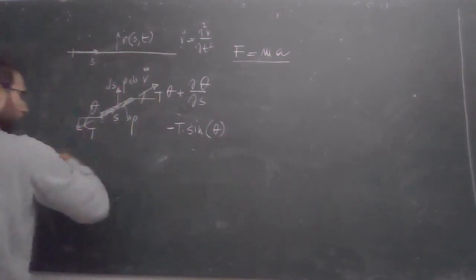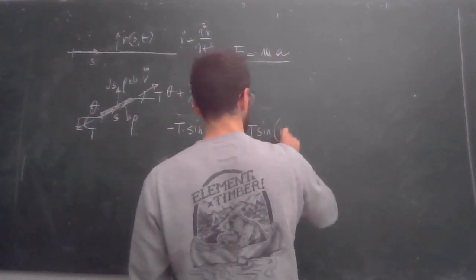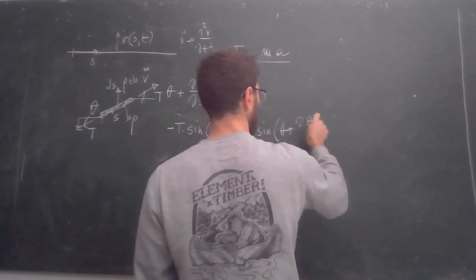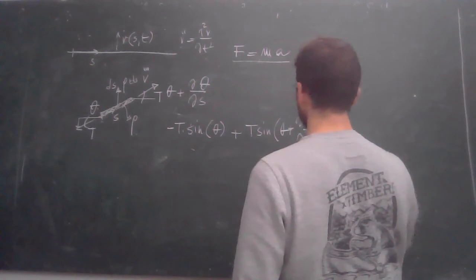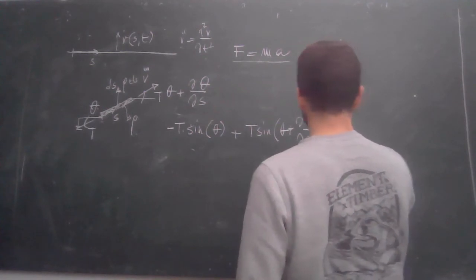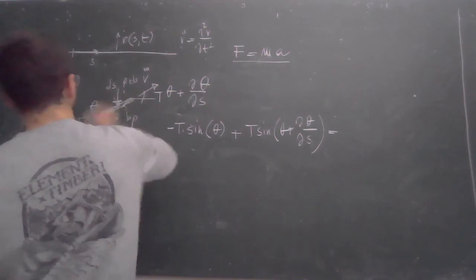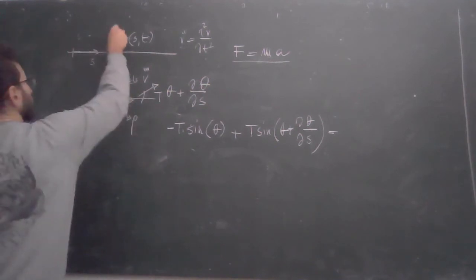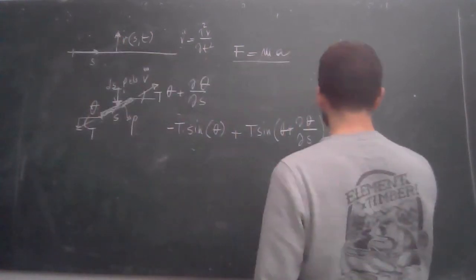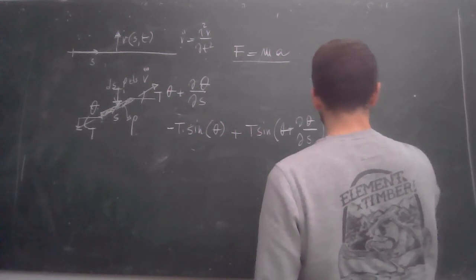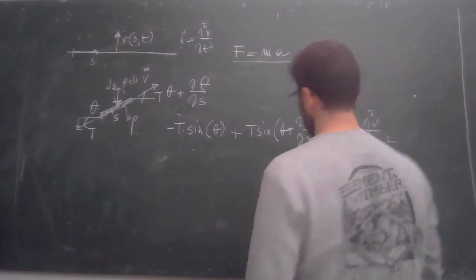So we take the projection on the vertical direction, plus T sine of theta plus d theta, and it is equal to, if it is in the opposite direction, if v is positive, then the double derivative, the inertial forces are negative. So they are equal to rho ds times the second derivative of v with respect to t squared.